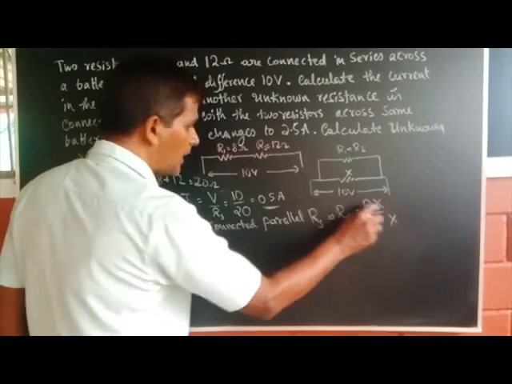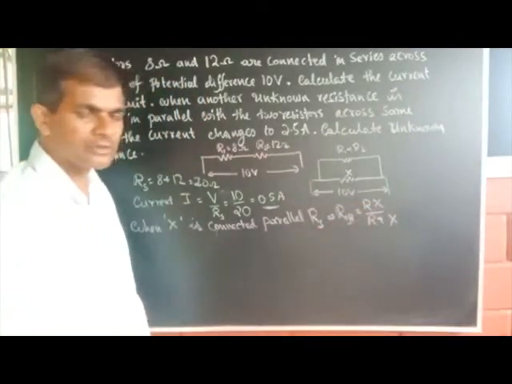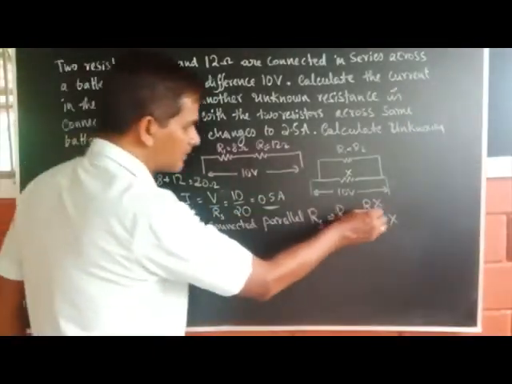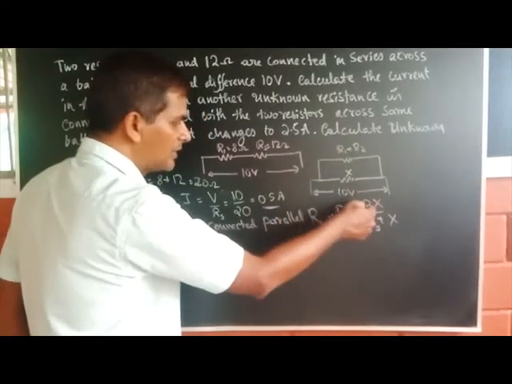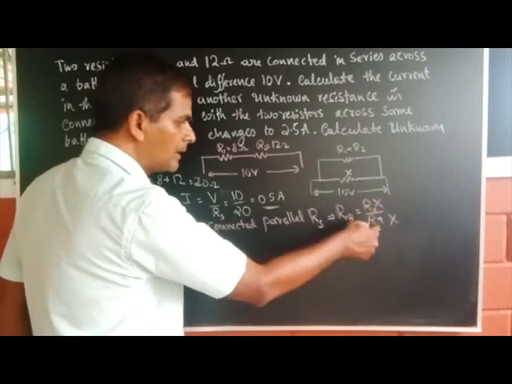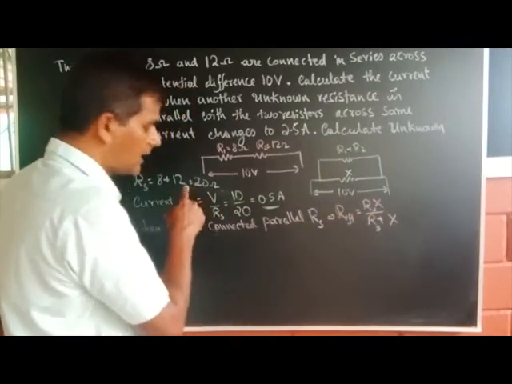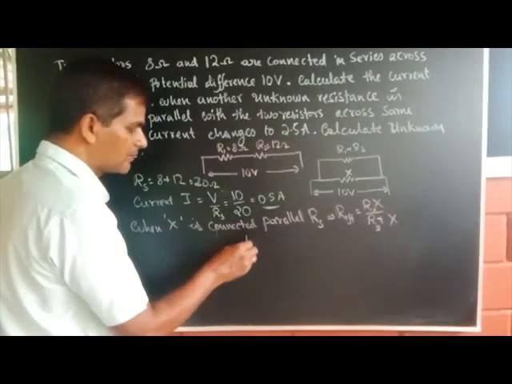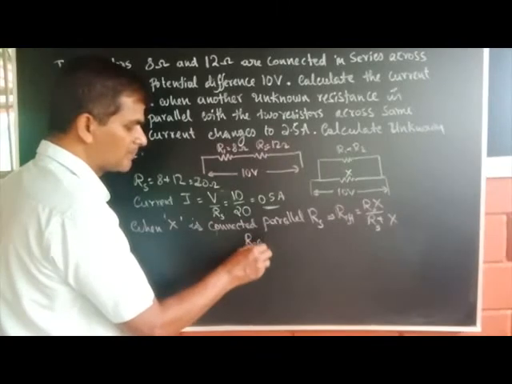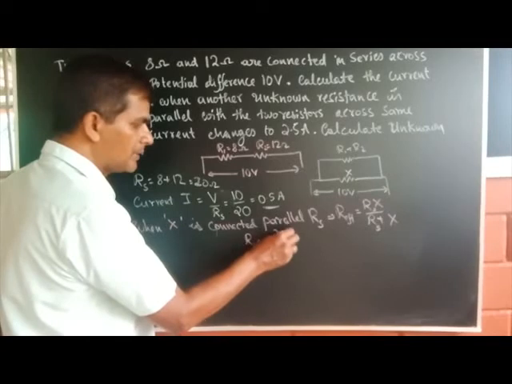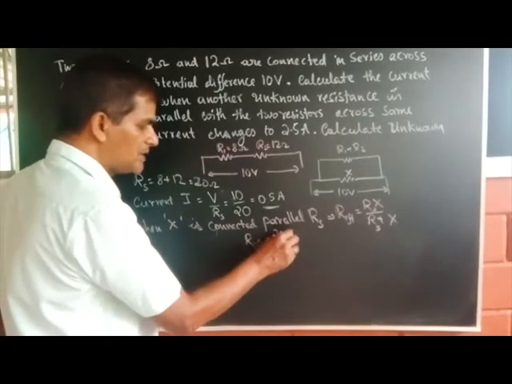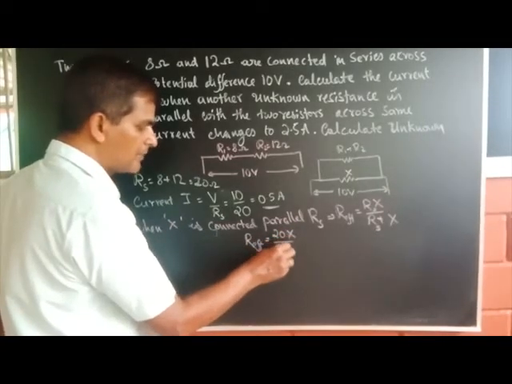I can write R1 into R2 divided by R1 plus R2. Here it is RS into X divided by RS plus X. RS we already found is 20, so the effective resistance is 20X divided by 20 plus X.